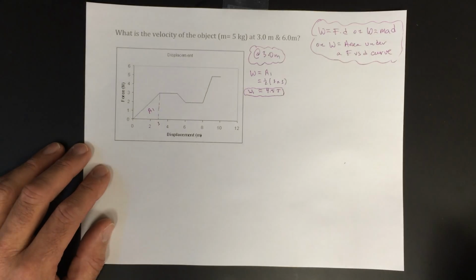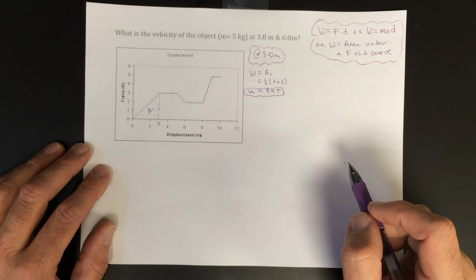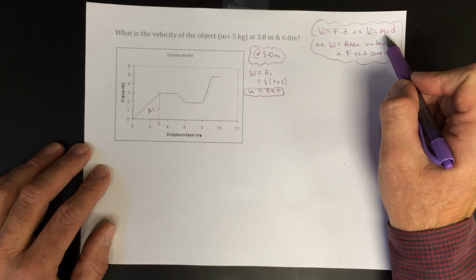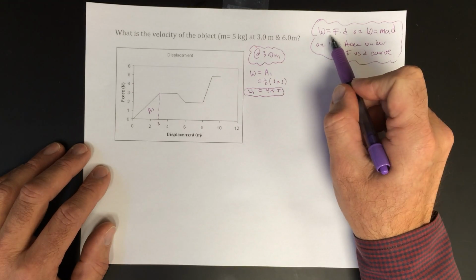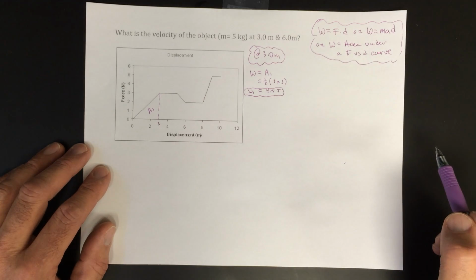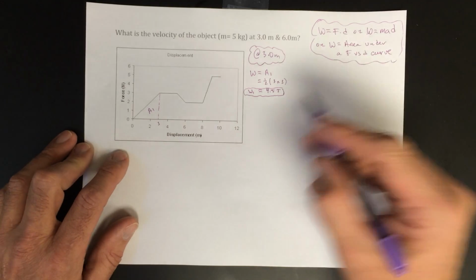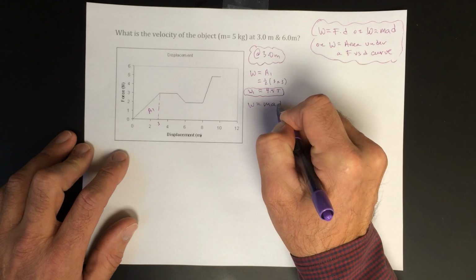Okay, good, done. Now what I could do is I can use that work and use this formula here with the acceleration to figure out the acceleration, because out of these two formulas, D is a kinematic variable and A is a kinematic variable. So I already have D, so it would make sense that I would use this formula. So work is going to be equal to MAD.